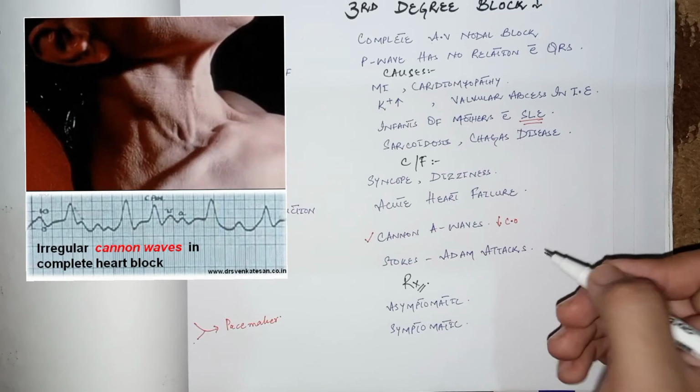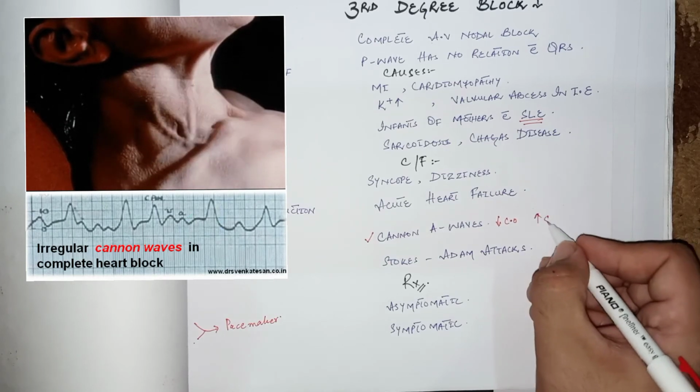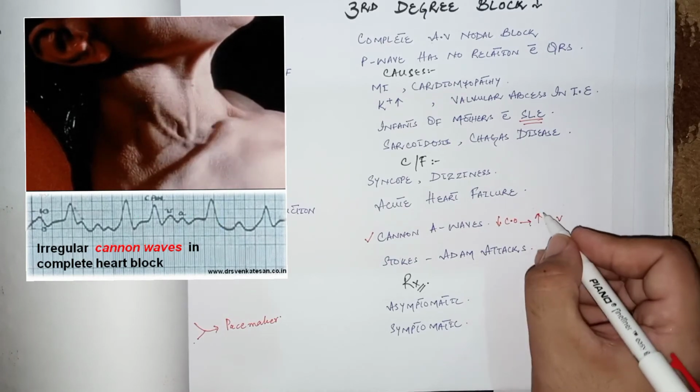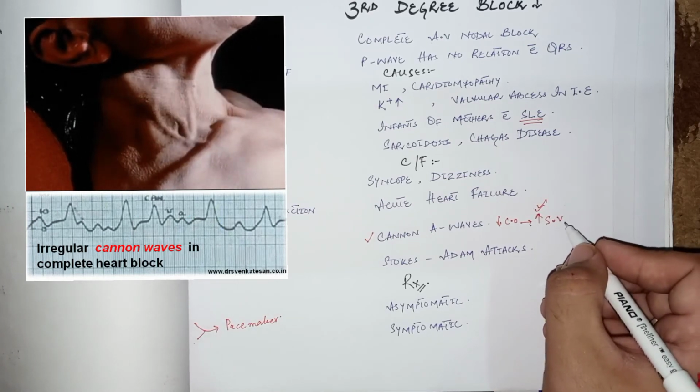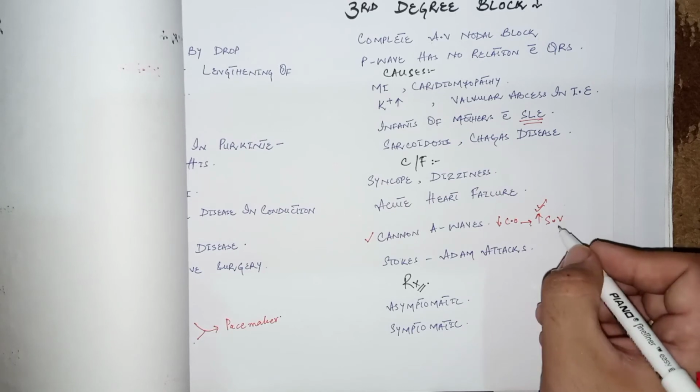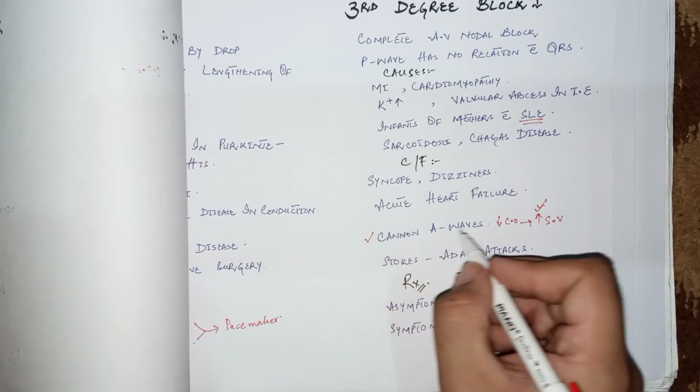But due to compensatory contractions, there is increased stroke volume. It is a compensatory mechanism. So due to this increased stroke volume, there is large volume pulse visible in the neck veins. This is called cannon A waves.